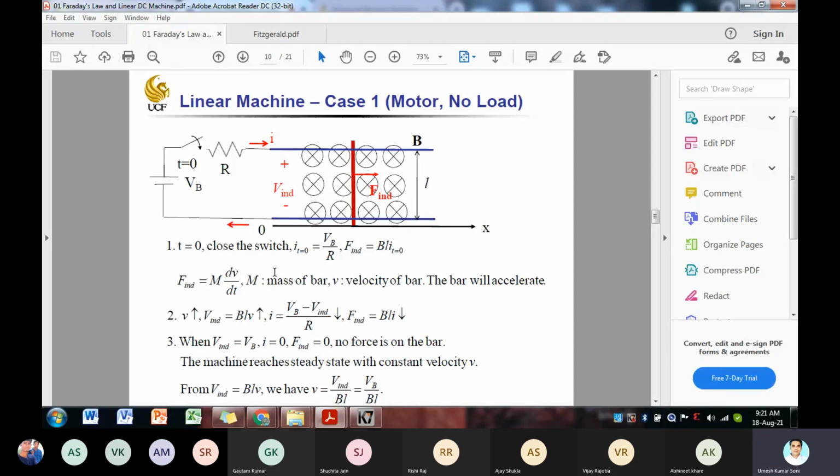So F induced equals BL into VB upon R, because I at t equal to 0 is VB by R.